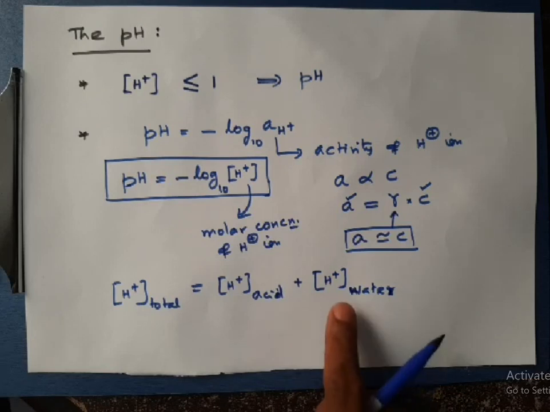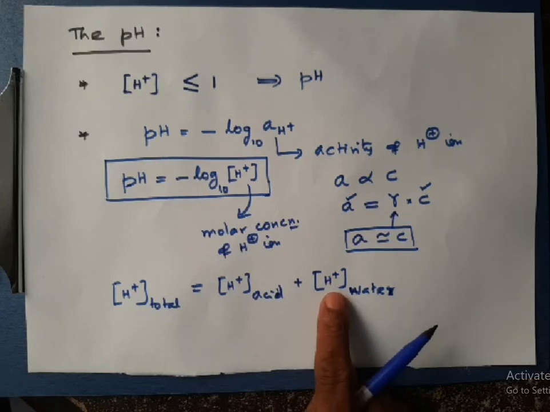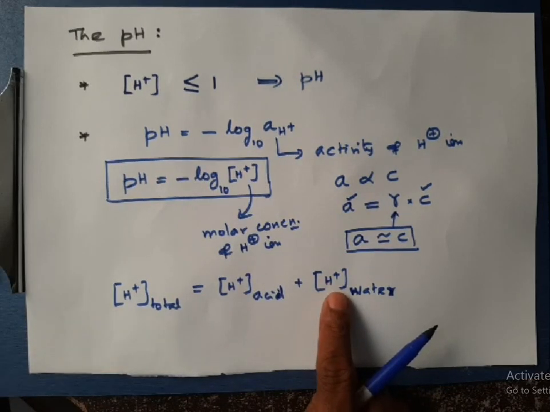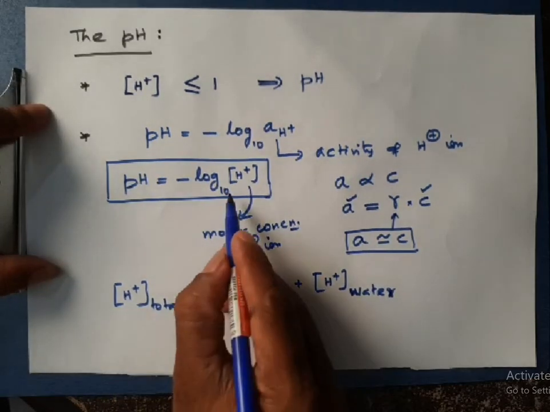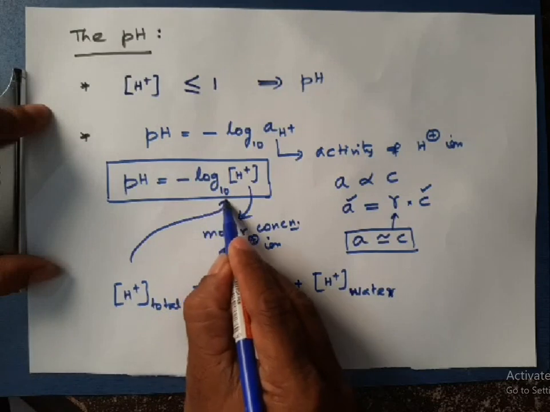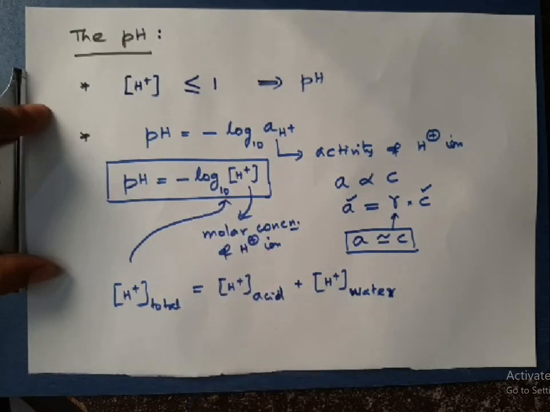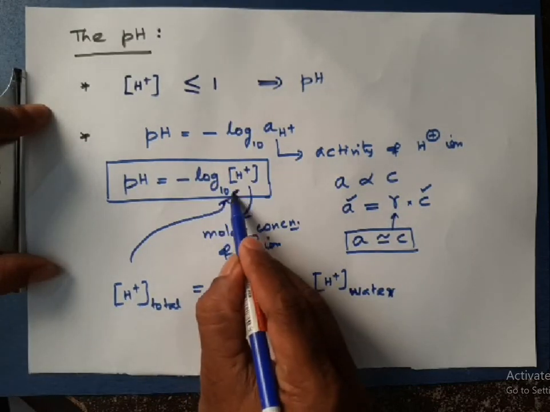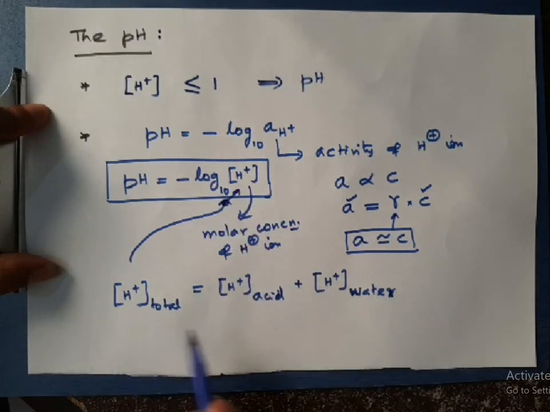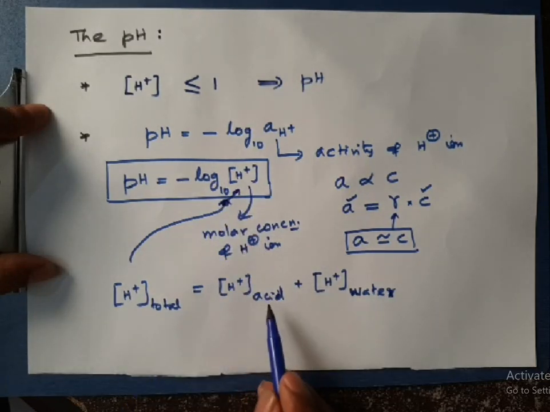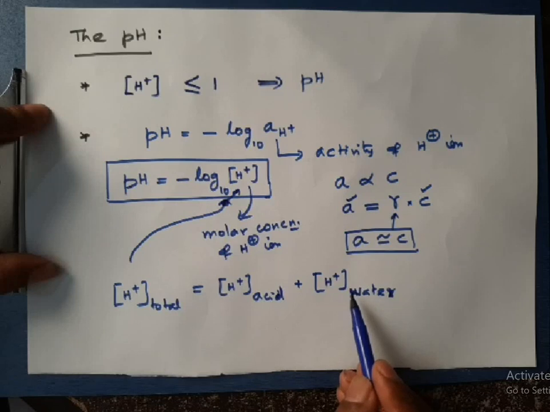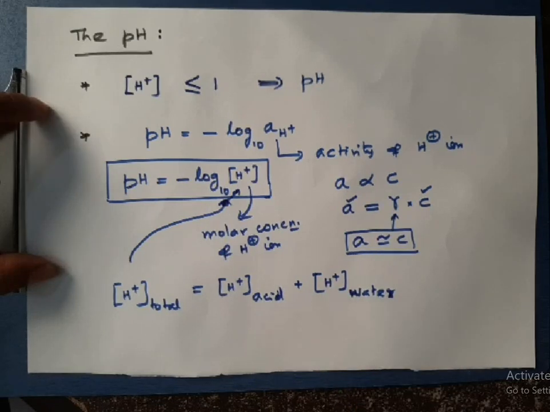Therefore, we should include the H plus ion produced from water. We should use only the total concentration.